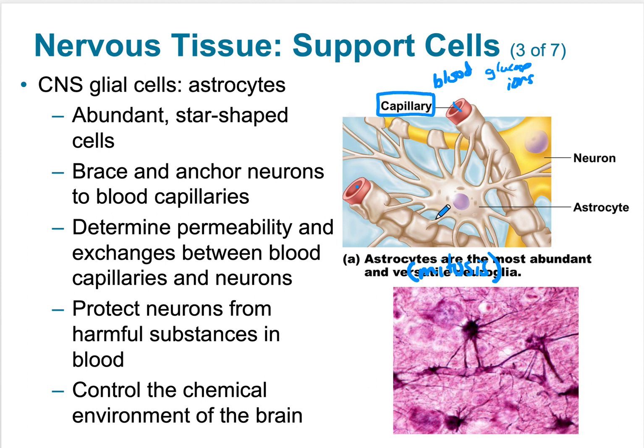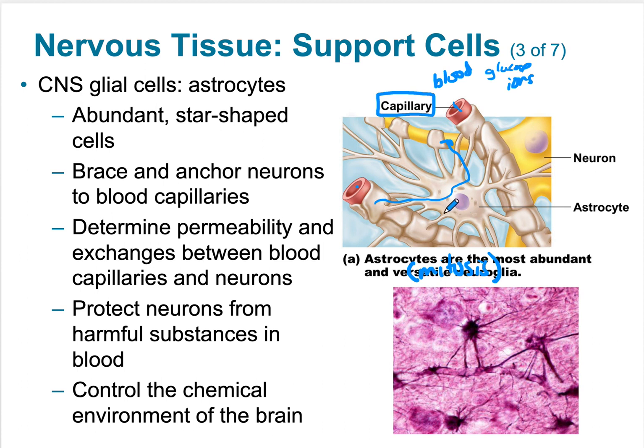Astrocytes take those nutrients from capillaries and transport them to the neuron. So they help to regulate nutrients that go from a capillary into a neuron.